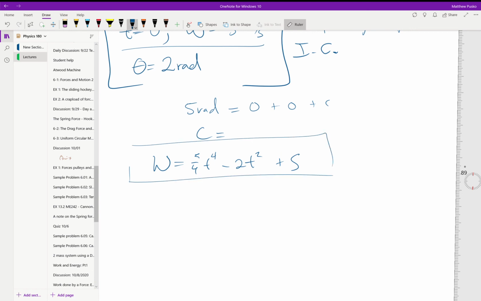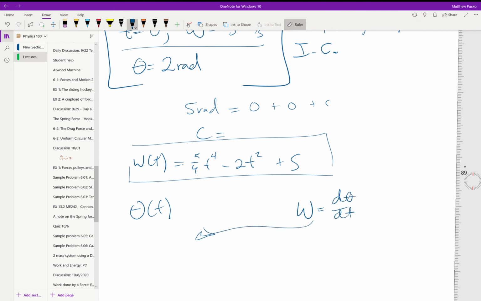Now what if we wanted to find an expression for the angular position? We want theta as a function of time. Well, if omega right here is a function of time, we can use the definition that omega is equal to d theta dt.